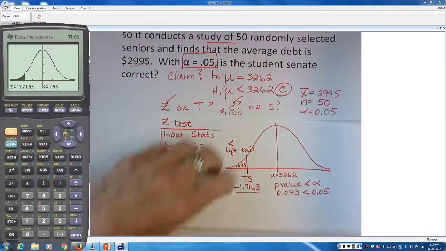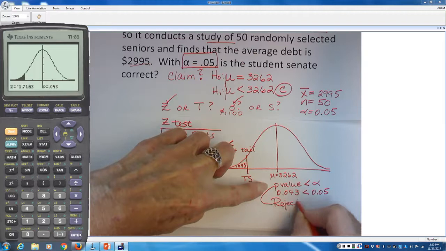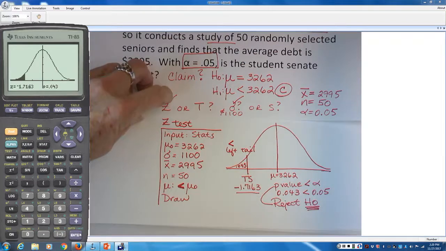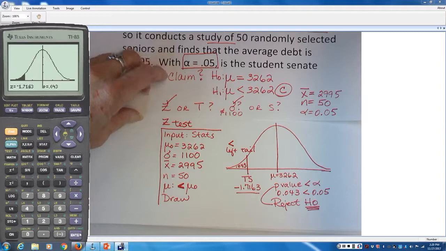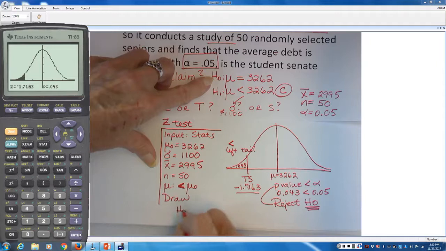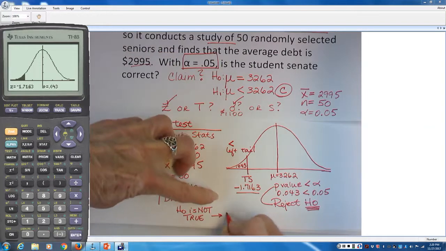When P is less than alpha, you reject H0. Okay, you reject H0. This is not true. H1 must be true then.